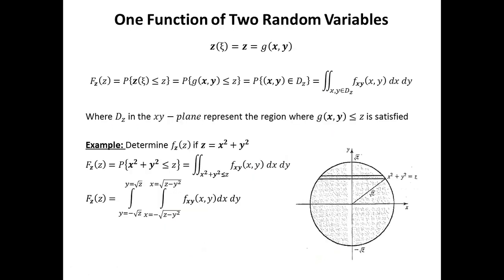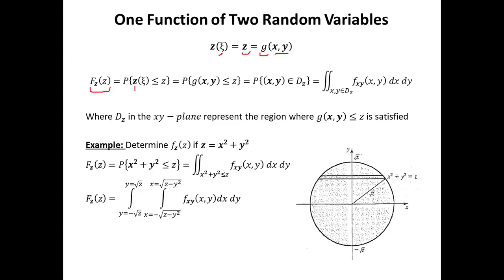Now coming to the case of a random variable Z generated using the functional behavior g and two random variables X and Y. We can say that the random variable associated with the experiment, Z(zeta), is given as g(X,Y). Then the CDF of this new random variable Z, which will be represented as F_Z(z), equals, by definition, the probability that Z(zeta) is less than or equal to z.